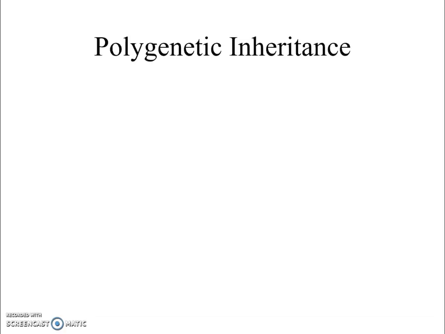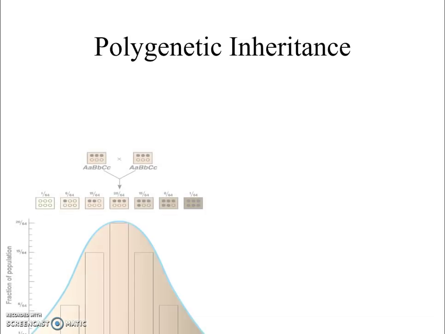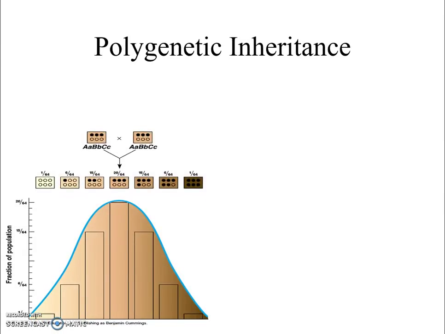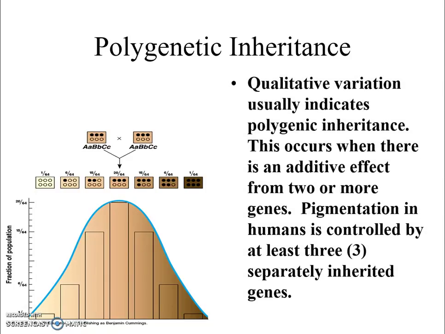Now, moving through this quickly, poly means many, and genetic, genes. Many genes control one trait. So that is called polygenic inheritance. As organisms become more and more complex, there are many other ways that genes are expressed.